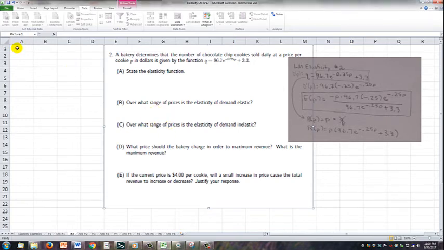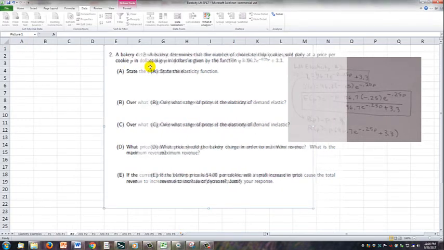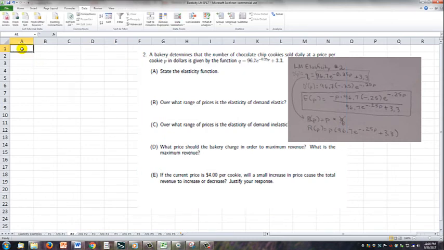So what that means is we're just going to put in our typical P, and then demand of P, which is Q, derivative of P, E of P, and if you remember, we are going to be asked about revenue.